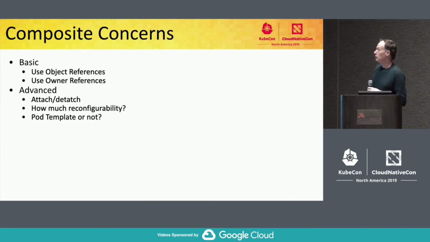Some of the concerns for composite resources: the word composite comes from the Gang of Four design pattern, which is about part-whole hierarchies. And so you're going to want to use object references to refer down or across in the hierarchy, and then owner references to refer up. There's some support for doing that in frameworks like controller-runtime, but I think we need to make that more consistent and more ubiquitous.